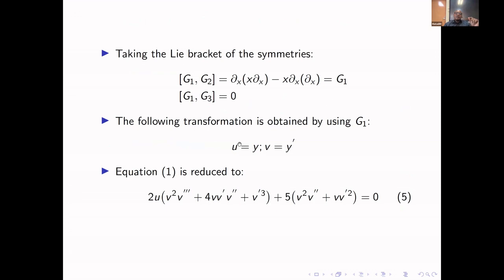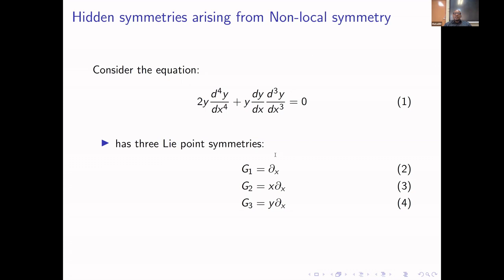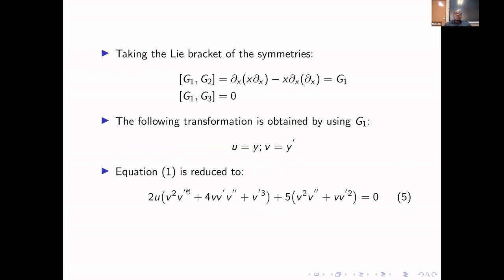From G1, we got the transformation, U and V, that allows us to reduce equation 1. So we reduced it from order 4 to order 3, which is good, but equation 5 is still challenging to solve.